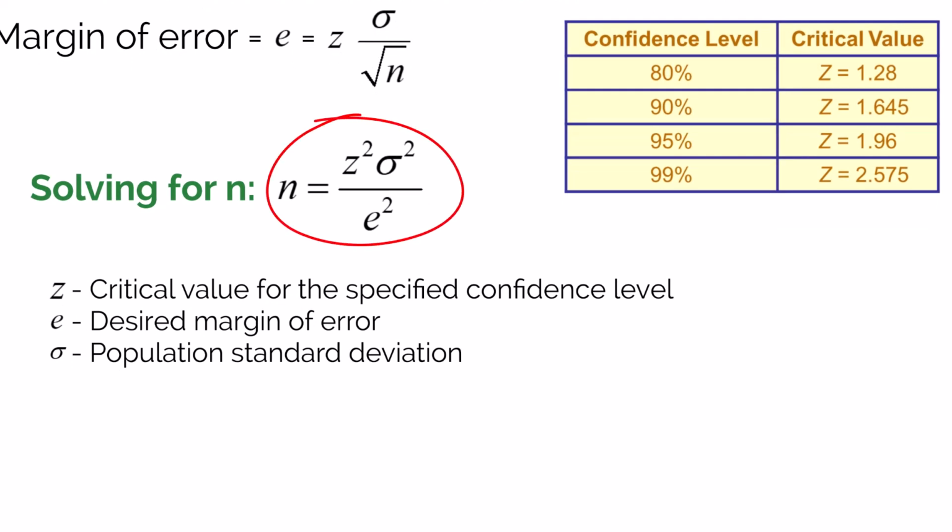In the numerator, we have Z, and this will depend on the confidence level. I have included the same commonly used confidence levels here for reference again. In this first example, the population standard deviation will be known. In the denominator, we have the margin of error. So we take Z squared times the population standard deviation squared, and then divide by the margin of error squared.